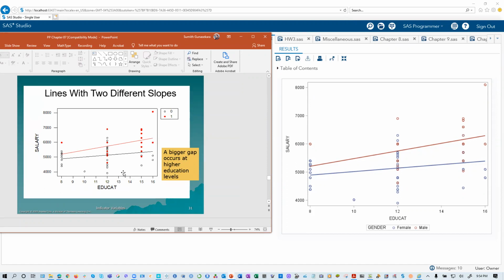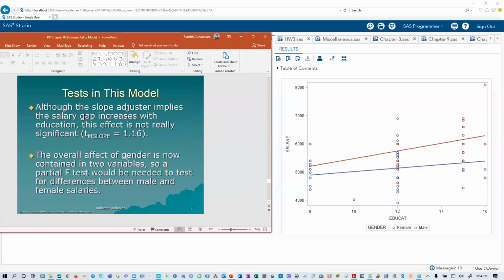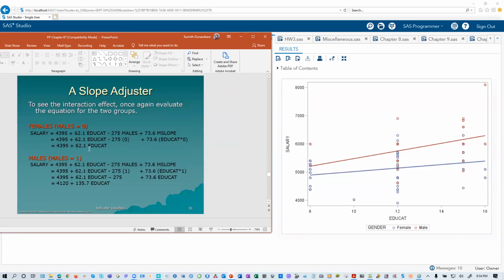Interaction term. Different slopes. Why different slopes? Look at the slope. The intercepts are different for sure, because they're going to hit the y-axis at different places.